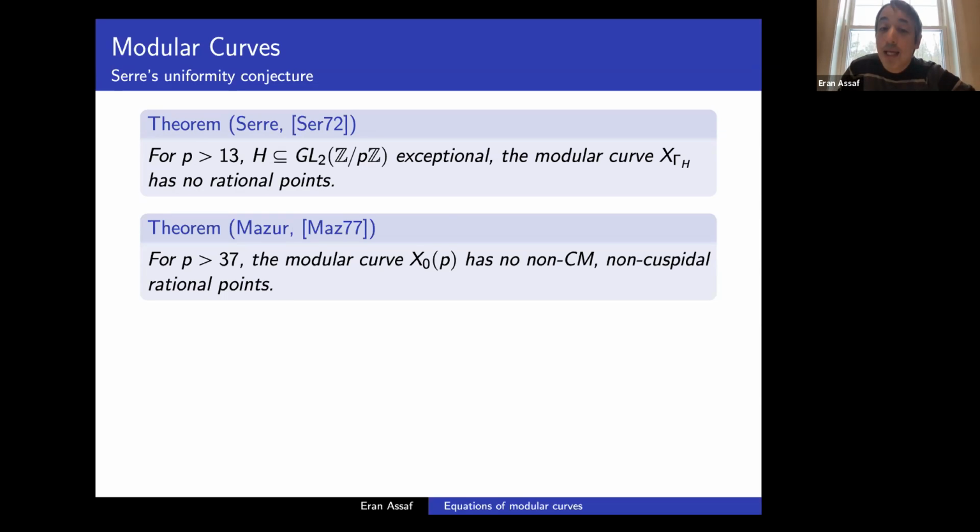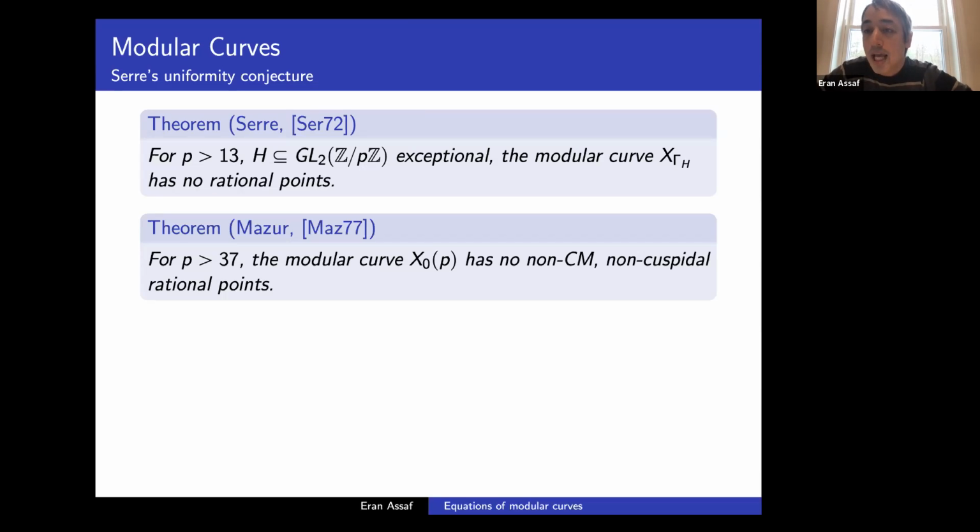Here I should explain why we look for non-CM, non-cuspidal points. Remember that our moduli space classified elliptic curves, and then we added cuspidal points to make it compact. So the cusps don't really correspond to elliptic curves. They correspond to a degenerate case of elliptic curves, so we don't care about those when we want to state something about all elliptic curves.